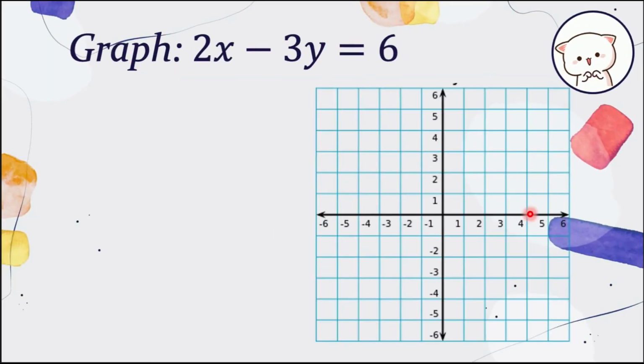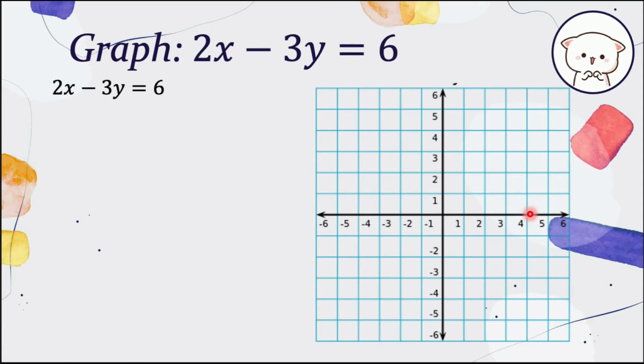Next example. We have 2x minus 3y equals 6. So again, we have to change this one into slope-intercept form, which is y is equal to mx plus b. So write first the equation, and then next, again, on one side of the equation, you should only have y. So here, as you can see, the coefficient of y is negative 3.